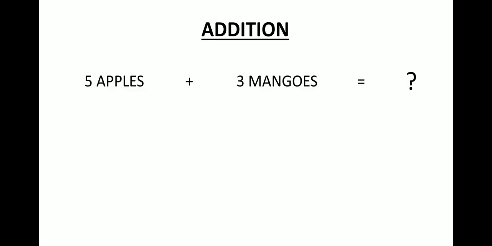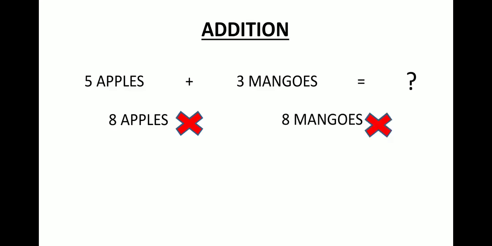Or can we say that 5 apples plus 3 mangoes equals 8 apples? The answer is wrong. And can we say that 5 apples plus 3 mangoes gives us 8 mangoes? Again, the answer is wrong. Why can't we say 5 apples plus 3 mangoes gives us 8 apples or 8 mangoes?